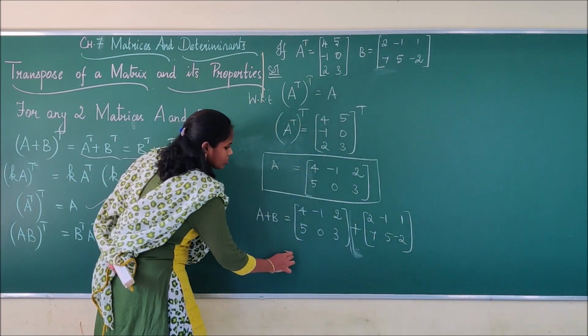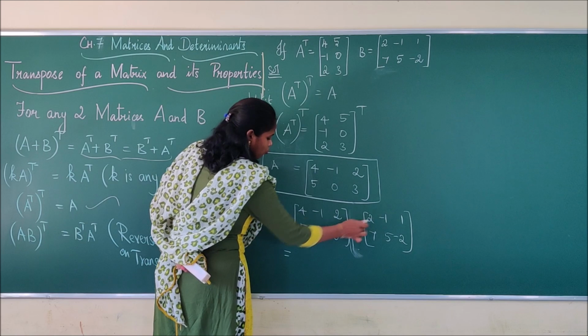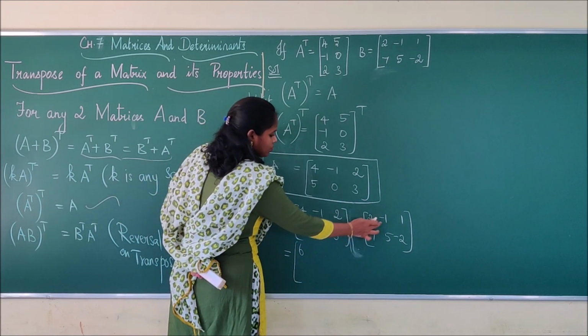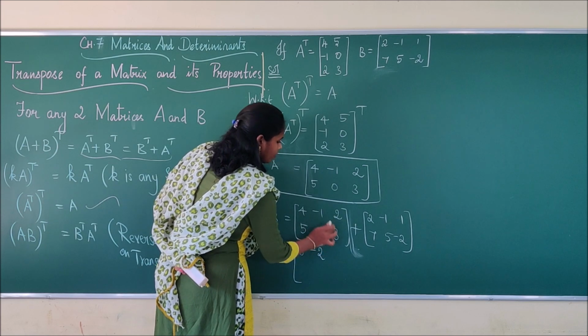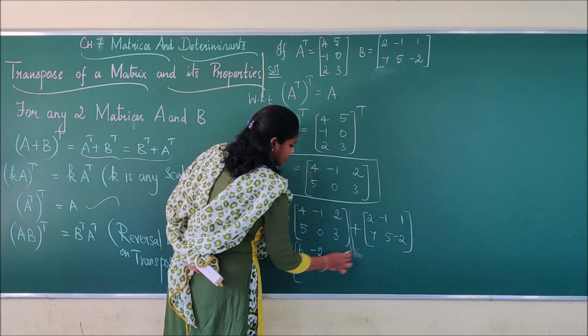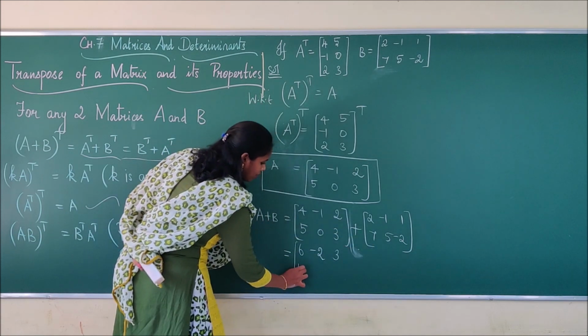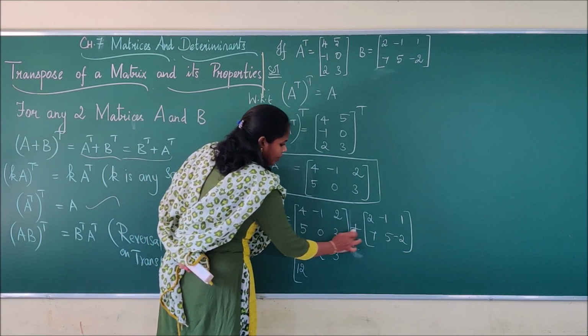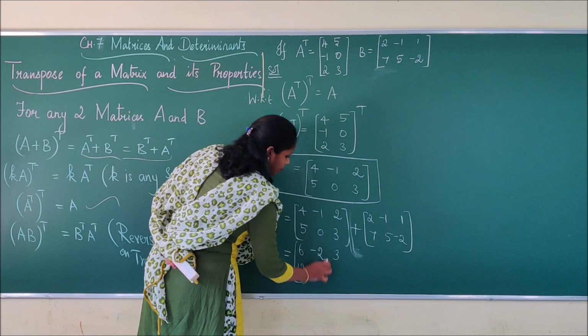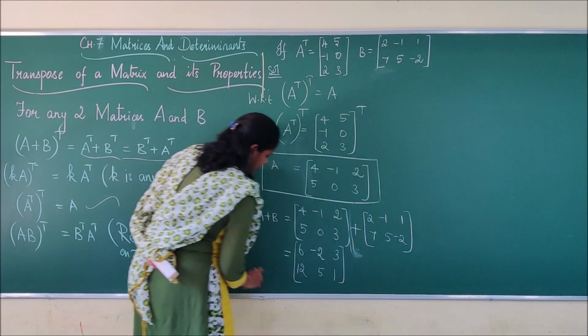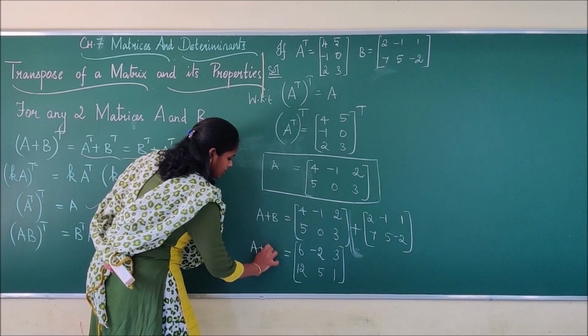Okay, so this is equal to 4 plus 2 is 6, and minus 1 plus minus 1 is minus 2, 2 plus 1 is 3, and here 5 plus 7 is 12, and 0 plus 5 is 5, 3 plus minus 2 is 1, and this is my A plus B.